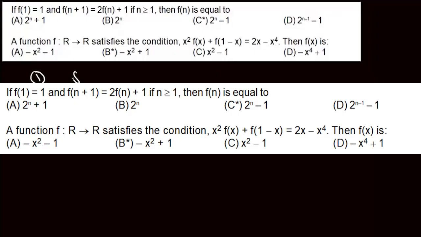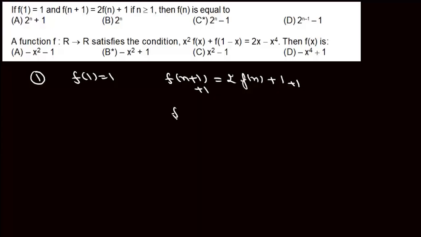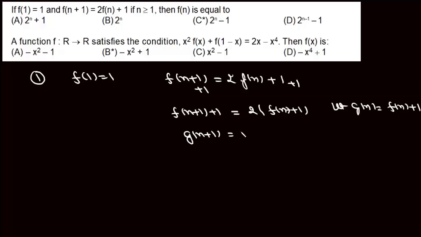Here the first question is, we are given that f(1) is 1 and f(n + 1) is 2f(n) + 1. What we'll do is we'll add 1 both sides. We can write f(n + 1) + 1 will be 2 times (f(n) + 1), and if we take a function g(n) which is f(n) + 1, we can write g(n + 1) is 2 times g(n), that is basically g(n) is a GP.